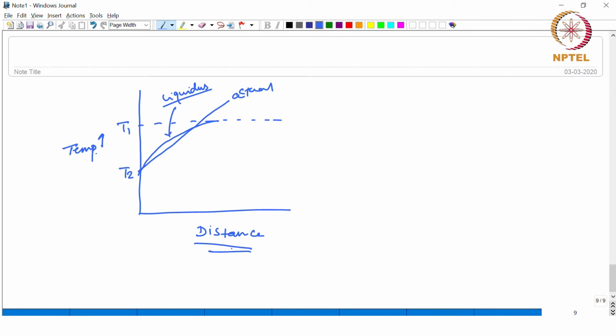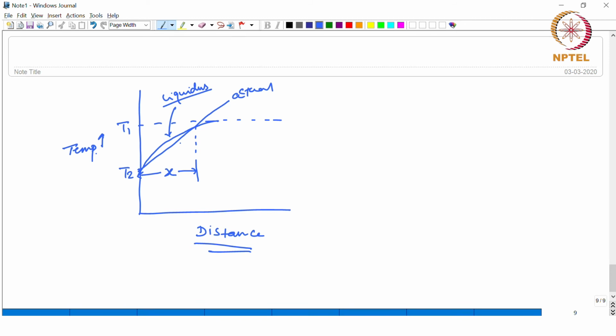Now, between these two points, that means from the interface to a particular distance, let us say x, within this distance the actual temperature is always below the liquidus temperature.